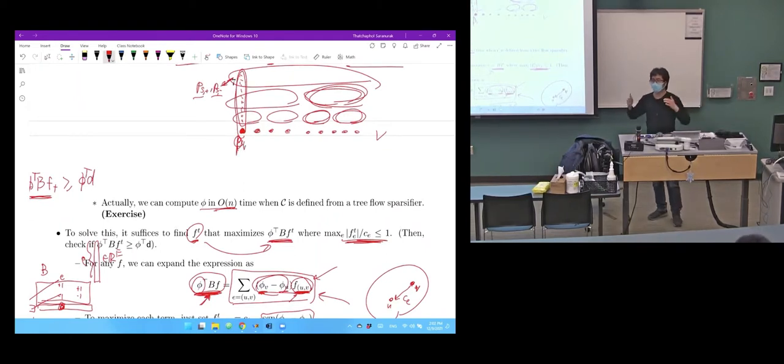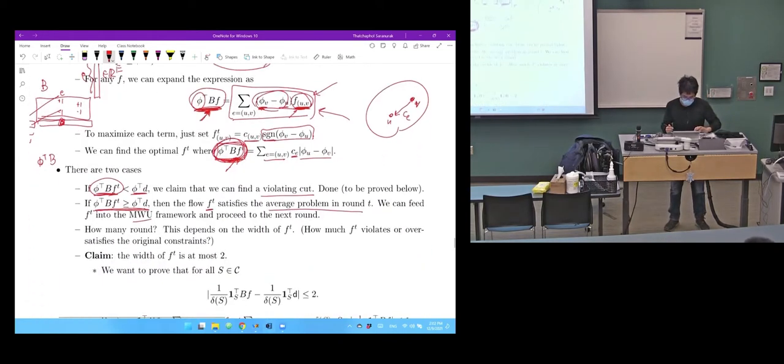Then you look at the graph and look at every edge. If the potential phi v is more than phi u, just send flow at full capacity from V to U. So that's your FT.